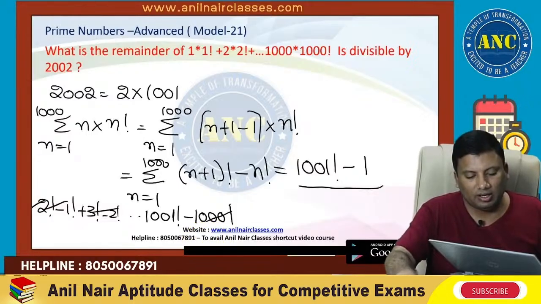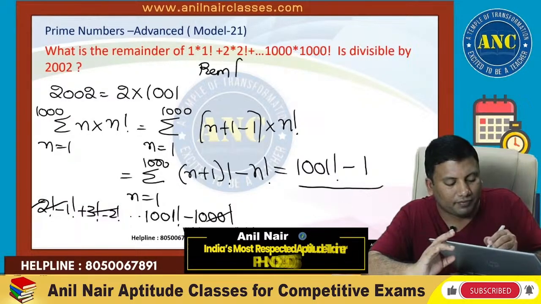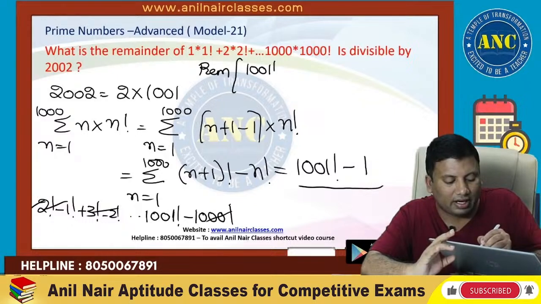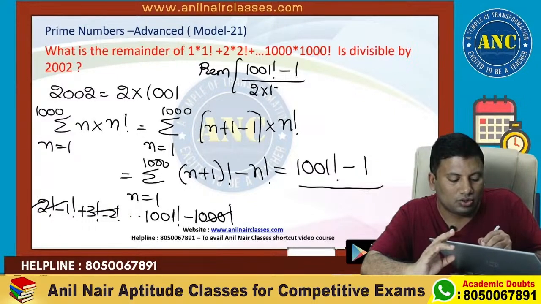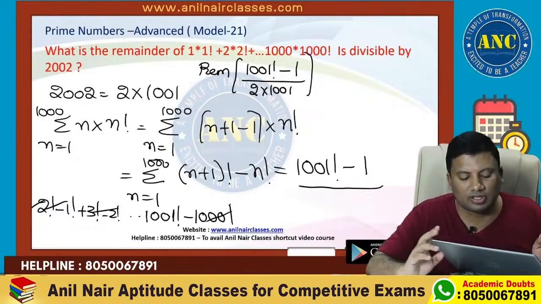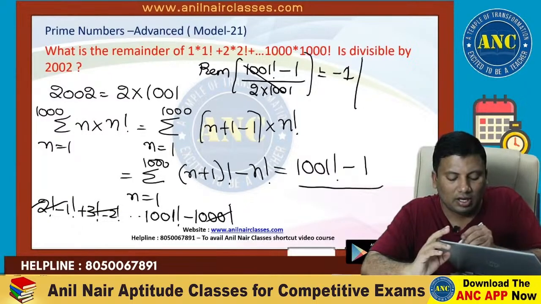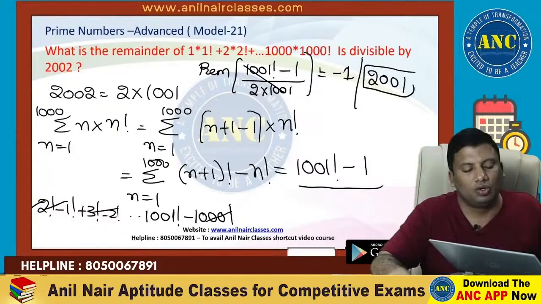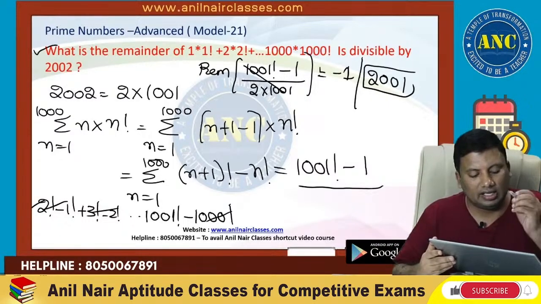Now 1001 factorial minus 1 divided by 2 into 1001: 1001 factorial contains 1001 and 2, so it is divisible. Negative remainder is minus 1, so the positive remainder will be 2002 minus 1, which is 2001. The answer is 2001. I hope the idea is clear.